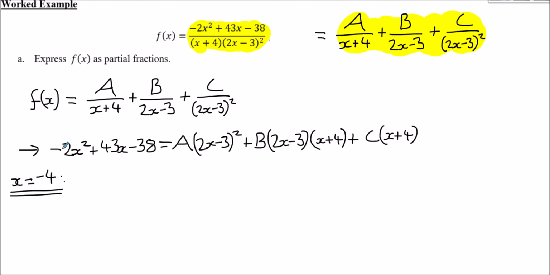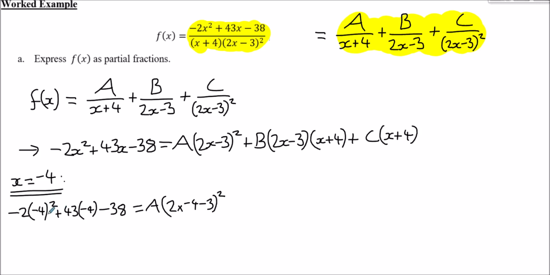When x equals -4, this over here will be -2 times -4 squared plus 43 lots of -4 minus 38. As I say, the b and c brackets will cancel, so we're just going to be left with a times (2 times -4 minus 3) squared.